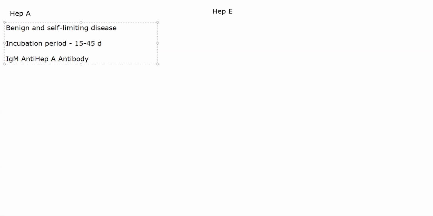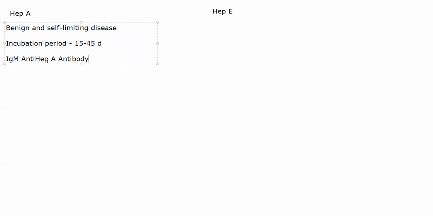So once the carrier stage or incubation period is over, and the patient starts showing symptoms, at that time you will be able to see IgM antibodies, especially when symptoms of acute infection have appeared. Other than that, you will also have IgG antibodies. These IgG antibodies will come after IgM antibodies, and they will give you lifelong immunity.